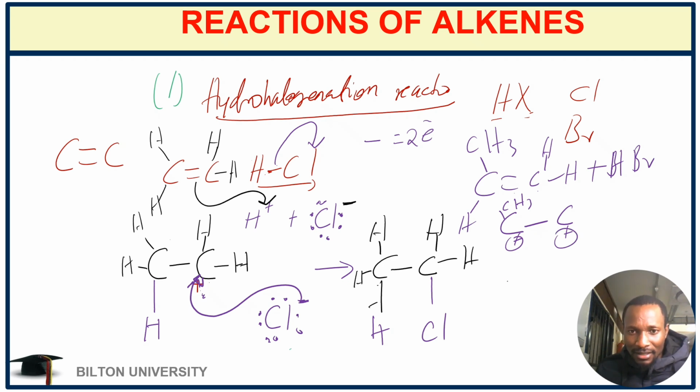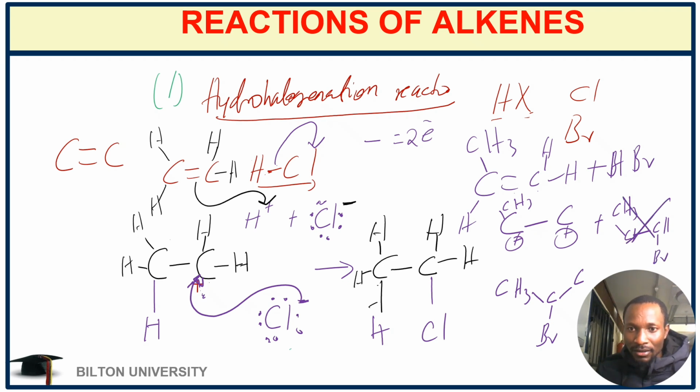This can give us CH3 bonded to this carbon, with Br bonded to the other carbon, and it can also give us CH3 bonded to this carbon with the Br on the other.